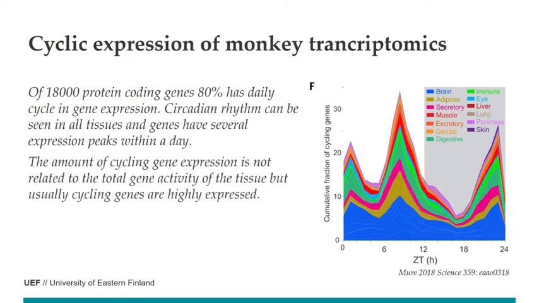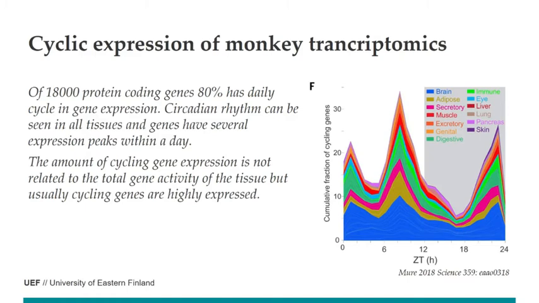And interestingly, the amount of cyclic gene expression is not related to the total gene activity. So there can be tissues where several thousand genes are active, but only a few of these are cyclic genes, also those with the circadian rhythm.